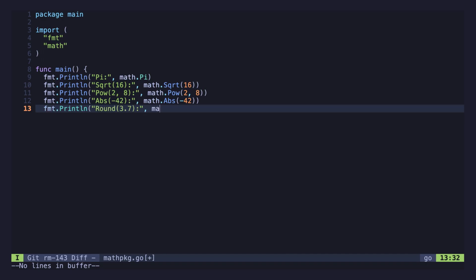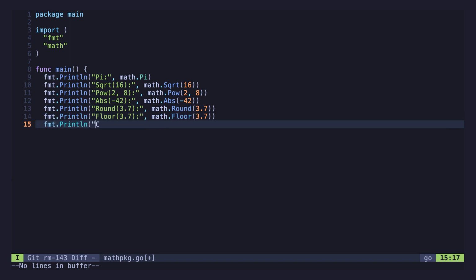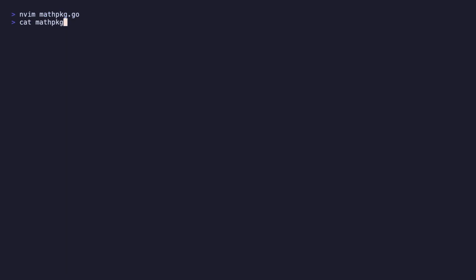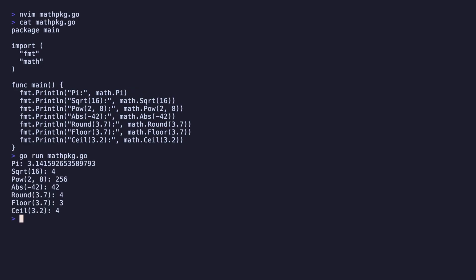Round, Floor and Ceil handle rounding in different ways. Round goes to nearest, Floor goes down, Ceil goes up.